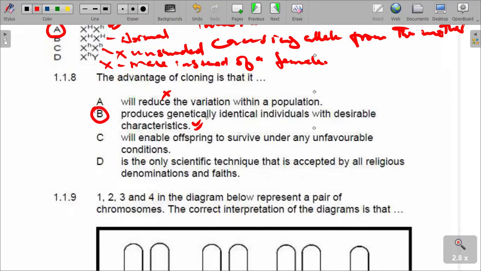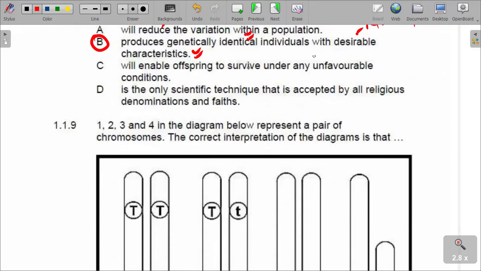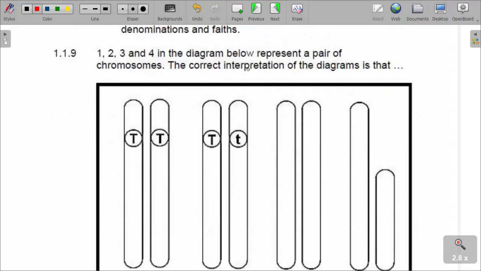Cloning produces identical organisms with much-needed characteristics, much required by humans. So therefore, it is an advantage.